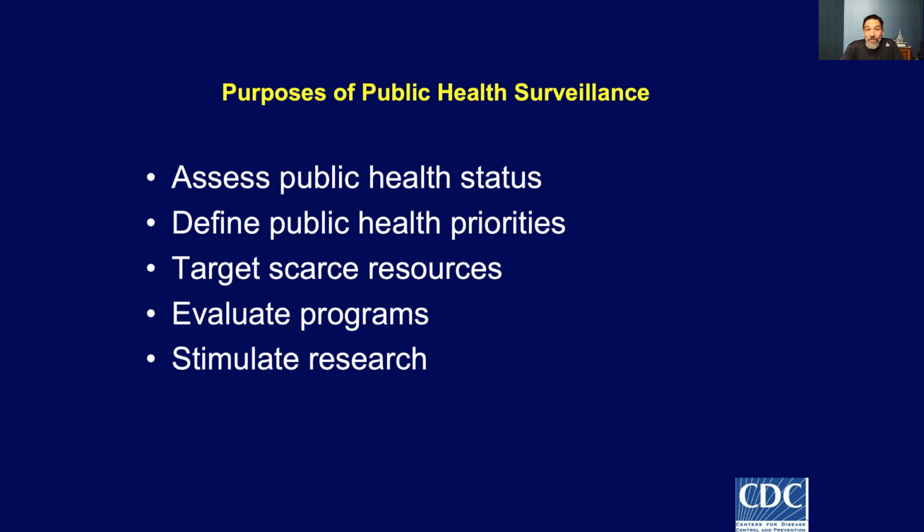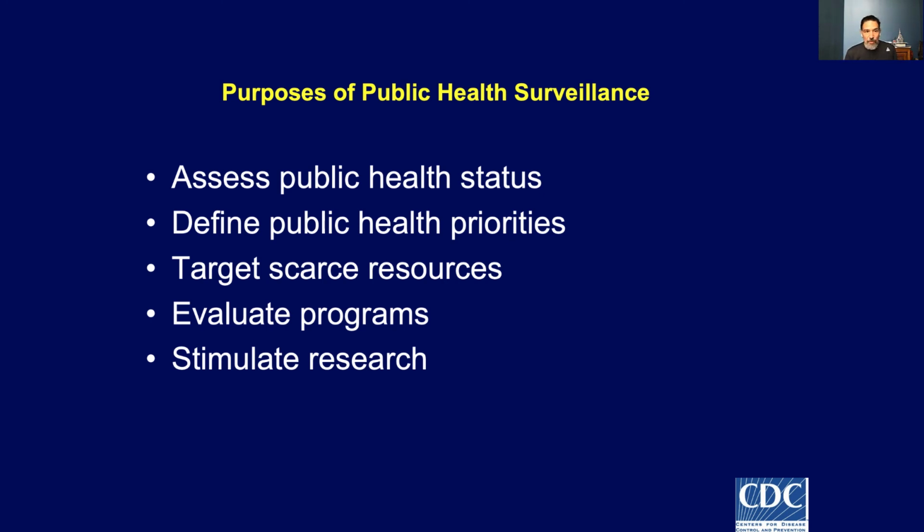And you can use surveillance to help define public health priorities. It can help target scarce resources in public health in this country and most places in the world. Resources are scarce. There's not enough money to really address all the public health priorities that we need to address. And so surveillance is a way of helping you figure out, well, where are the resources most needed? And then you can target them accordingly, since there's not enough to go around.